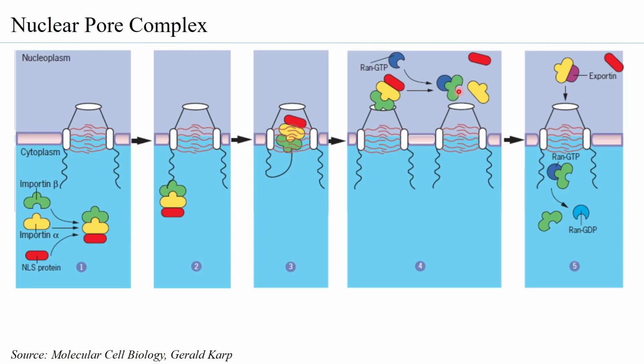Now, once you have the cargo protein with the importin within the nucleus, inside the nucleus there is the RAN-GTP protein. This RAN-GTP is always kept as RAN-GTP because of certain other proteins present in the nucleus.